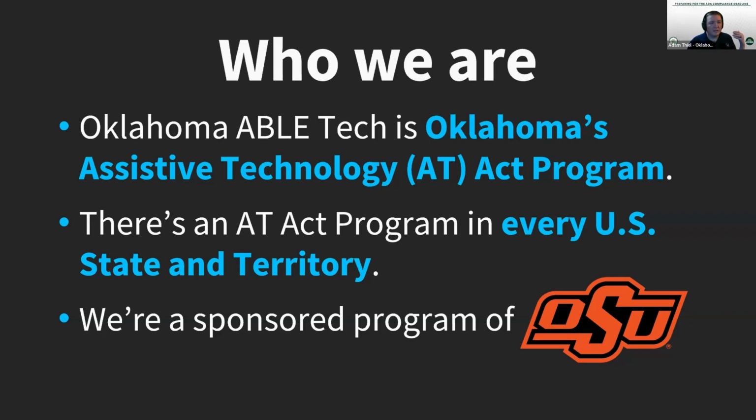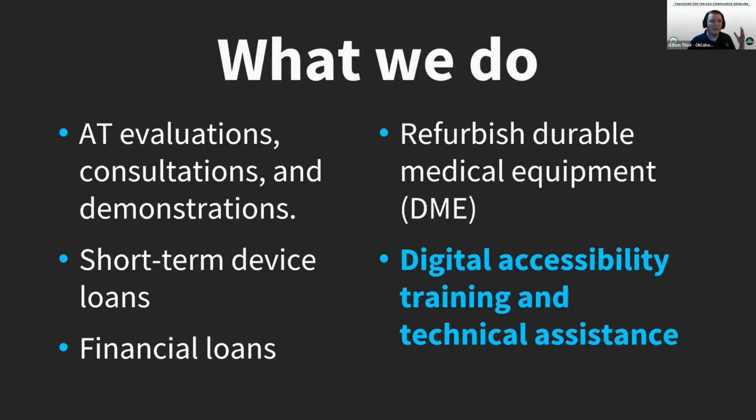What the AT Act programs do is we provide assistive technology evaluations, consultations, and demonstrations. We also can do short-term device loans. So if somebody needs some sort of assistive technology device, they can come to us.